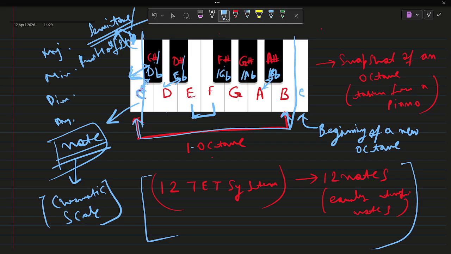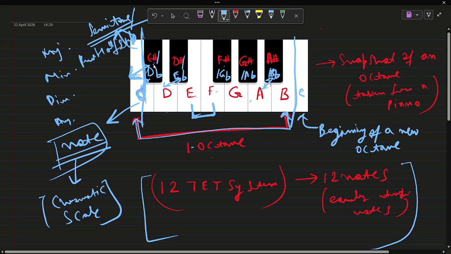From C, if you go to just the higher note, you get the semitone. The distance between C and C sharp, E and F, or A and B flat, is known as the semitone interval or half step.